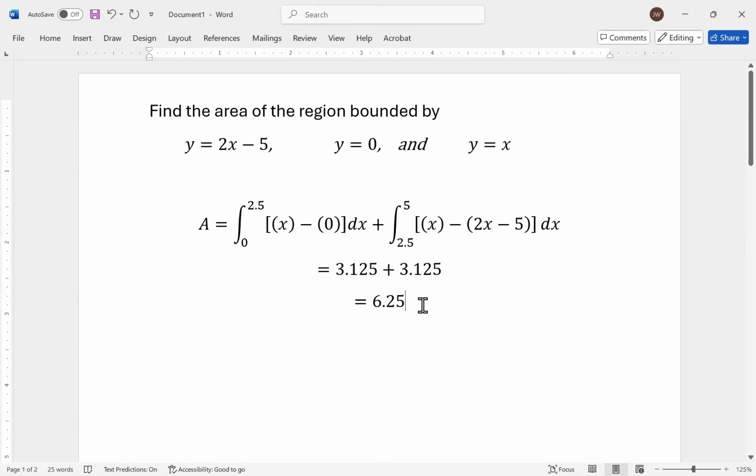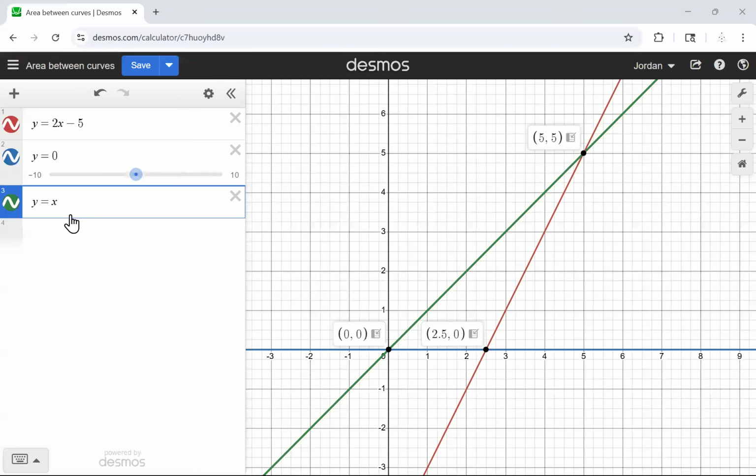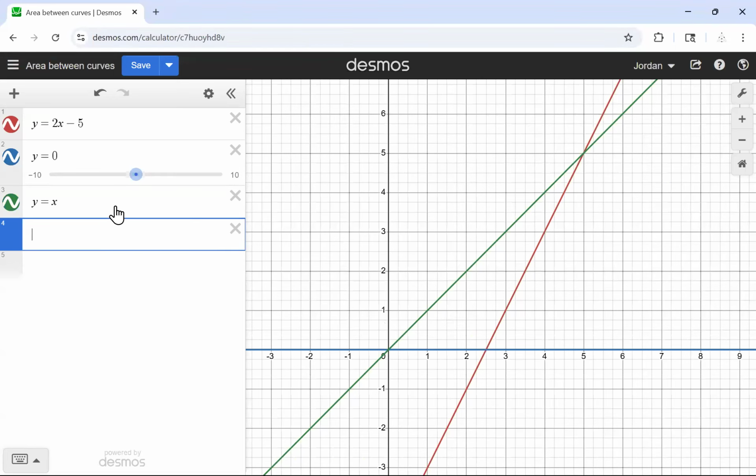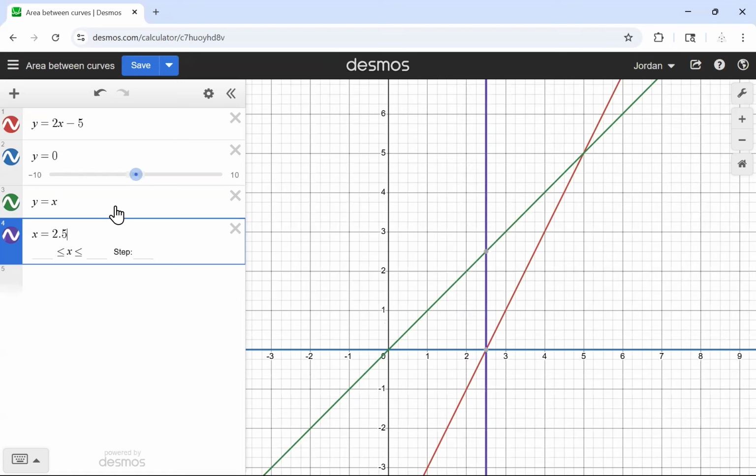That's going to happen sometimes, especially when the top and bottom curve aren't always the same top and bottom curve. So, like I said, like in this case. By the way, again, there's my x equals 2.5. That's the line that's splitting this into two regions.